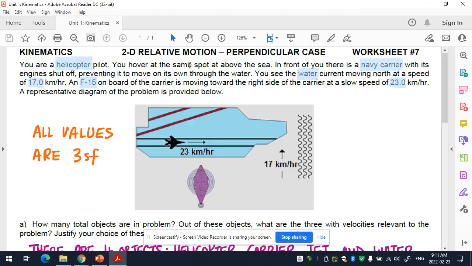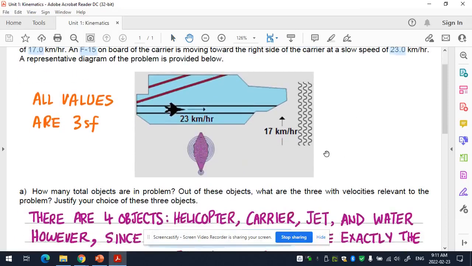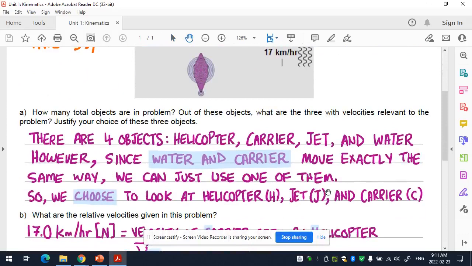So everyone, first answer. There are 4 objects: helicopter, carrier, jet, and water. However, since the water and carrier are moving exactly the same way, we can just use one of them.